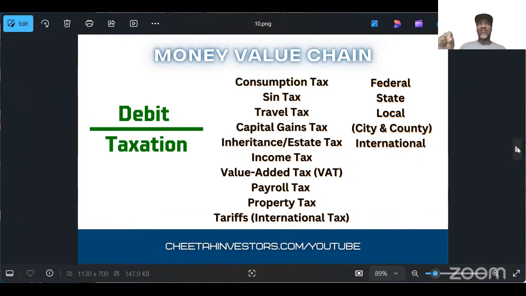Value added tax is taxation inside the supply chain, right? So the bank is giving you a credit line, and through that credit line, you're now going out and buying materials. You're going out and getting labor. You're getting everything, transportation, vehicles. You're buying property. You're buying everything, and every single thing that you're buying is being taxed.